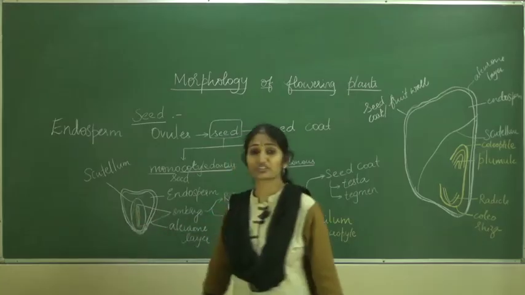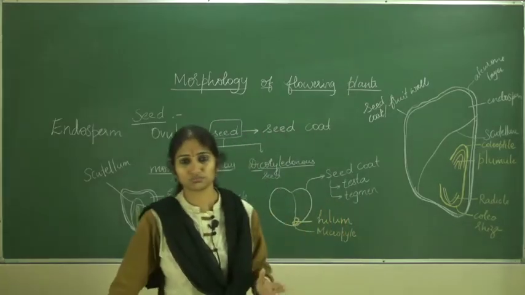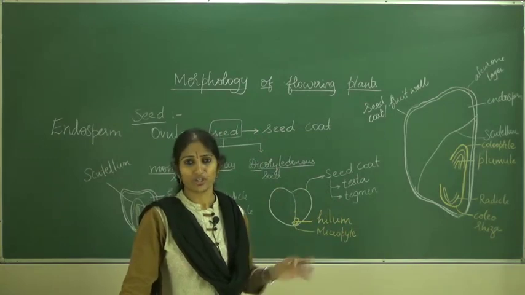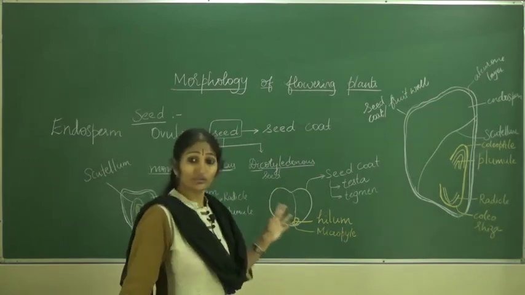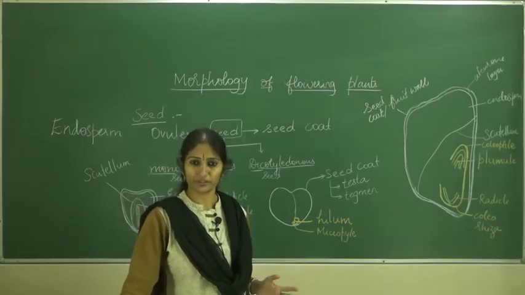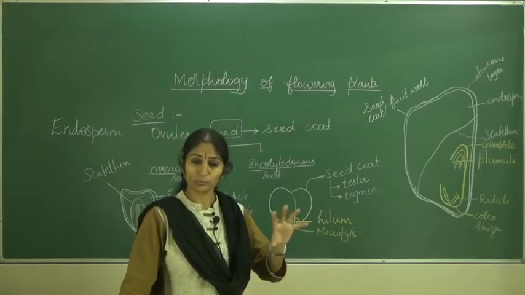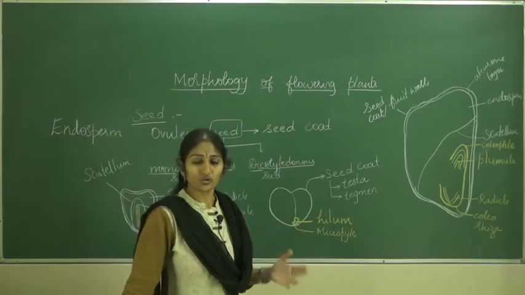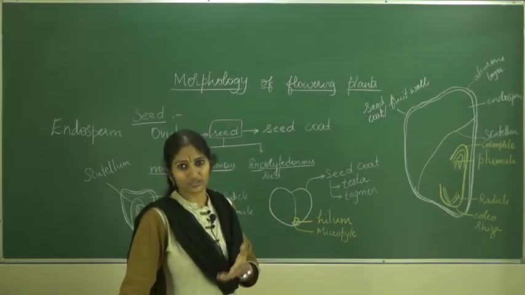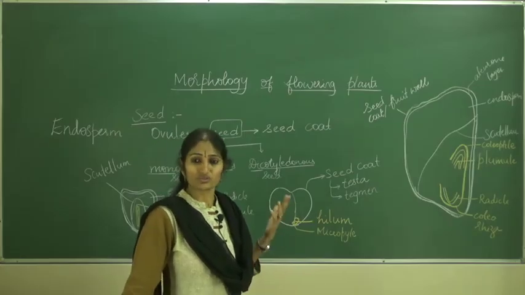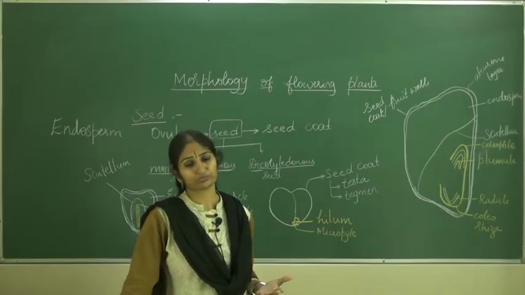That yellow colored structure is the endosperm, which has all the good nutrition. Most monocots have a very prominent endosperm. In fact, the copra that you eat, the coconut, and the coconut juice that you drink, that is also the endosperm.